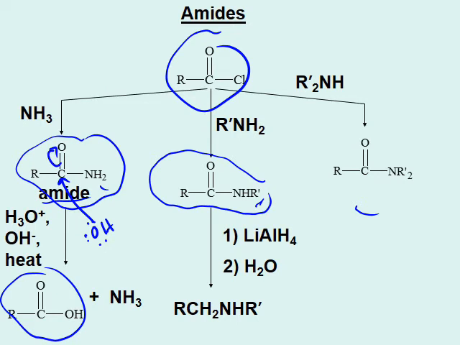Carbon breaks its double bond, releases it onto oxygen, and eventually it would like to get back its double bond. If something wants to leave, then NH2 leaves as NH3 because you have H plus added. And NH3, any neutral molecule, is a good leaving group. So it gets out and you finally end up with this product.